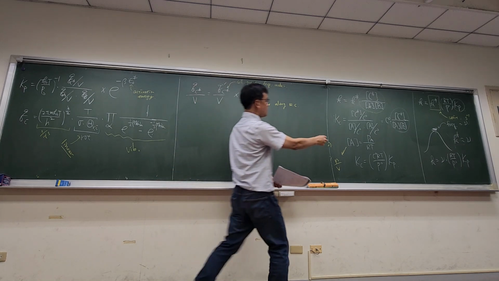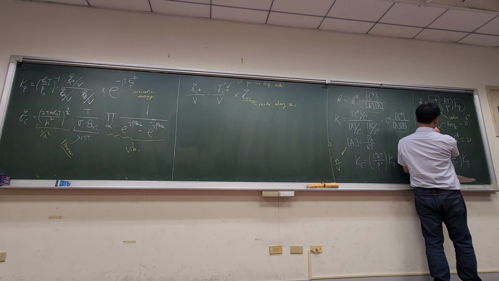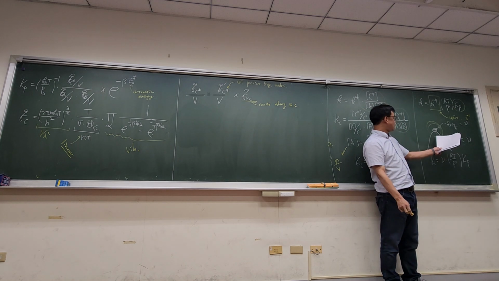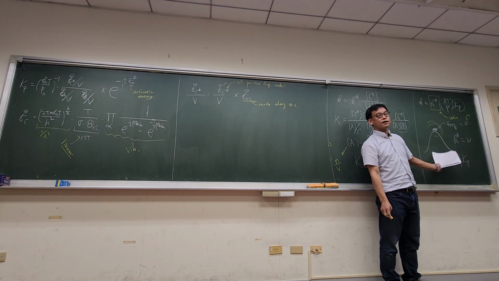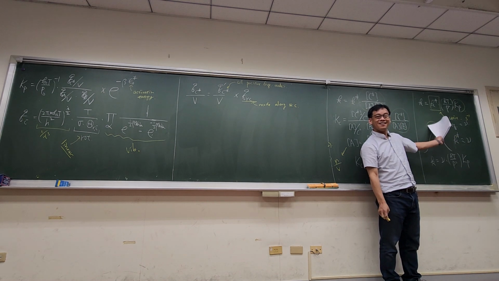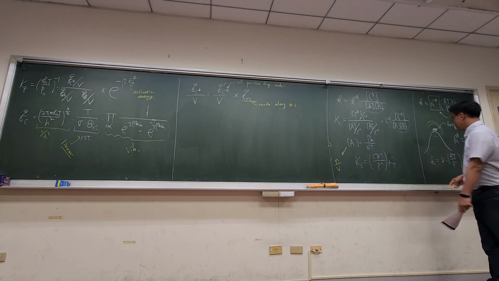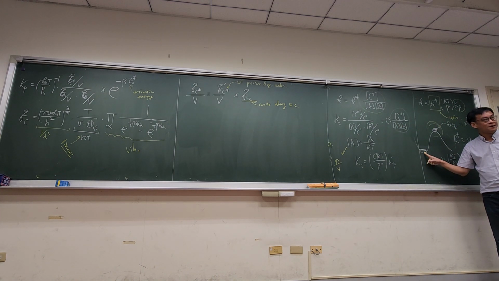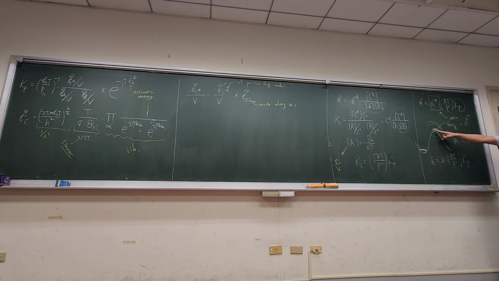And what is this mode? This is this mode. So here, you cannot define frequency over this motion. Here it's okay. Here there's a vibration frequency. But when you climb up, go to here, there's no frequency.